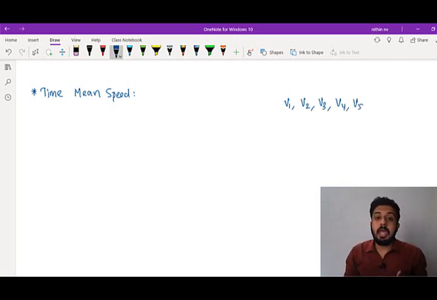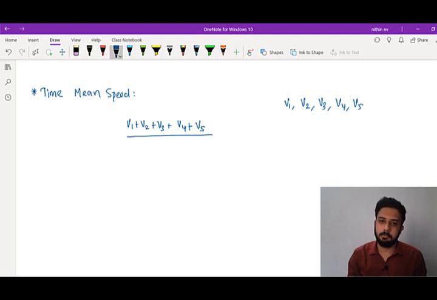Now if I am taking the average of those spot speeds, previously we discussed that average speed means, for a particular vehicle, distance by time. Now I am talking about the average of the spot speed values of different vehicles. What will I get? Simply V1 plus V2 plus V3, whatever the number of vehicles, up to Vn. In this example, till V5, divided by the total number.